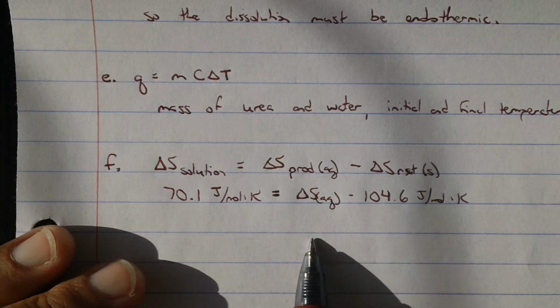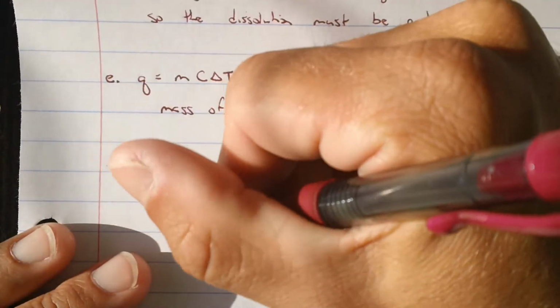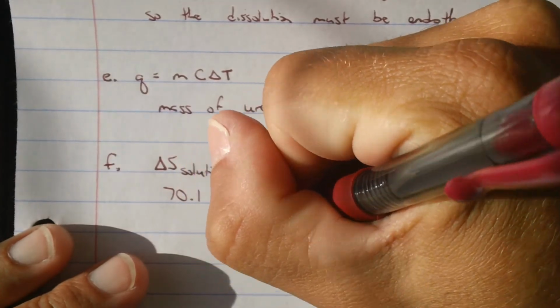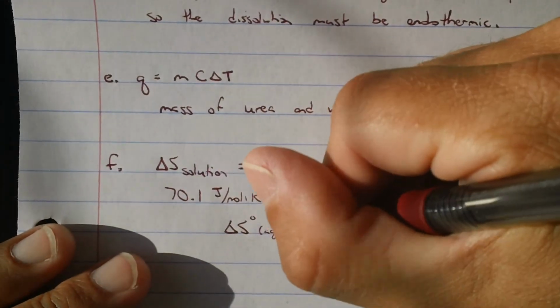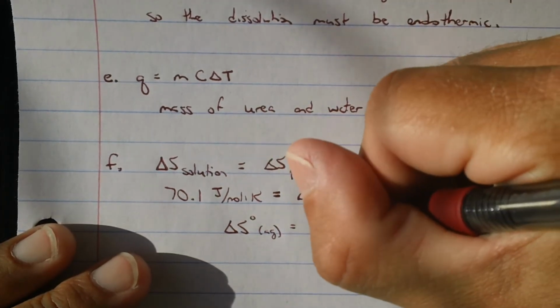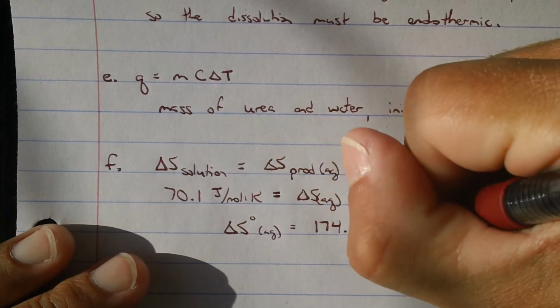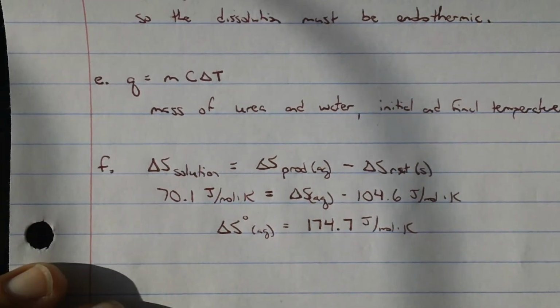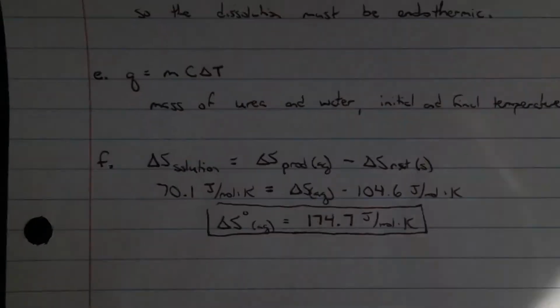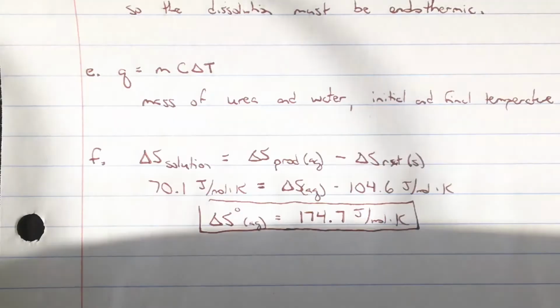That guy added to that guy gives us that delta S of the aqueous solution is 174.7 joules per mole times Kelvin. At least I think. That's my mental math. That's it on F. Winner on F. F's worth 1 point.